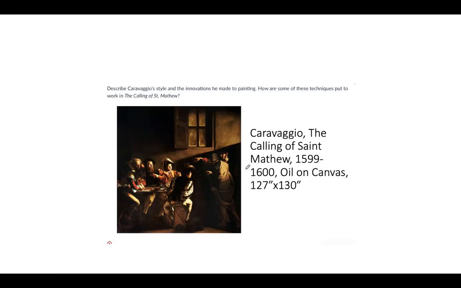Also, downplaying that this is Jesus and just having this very light hint at a halo here. And it goes in with tenebrism, using light as an instrument to direct the narrative.